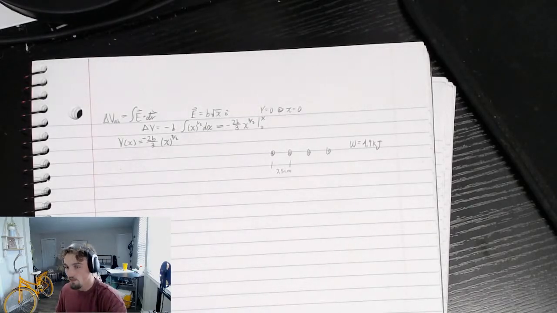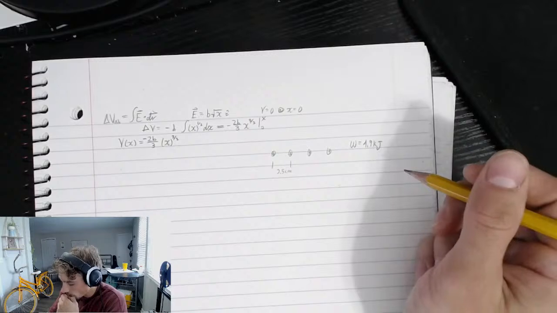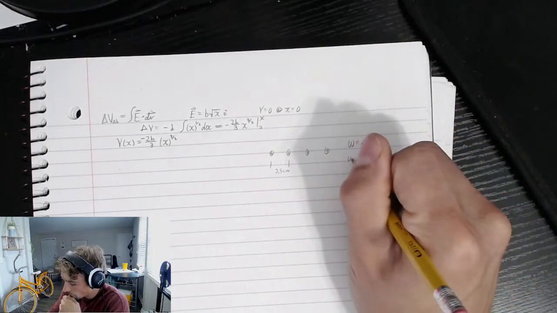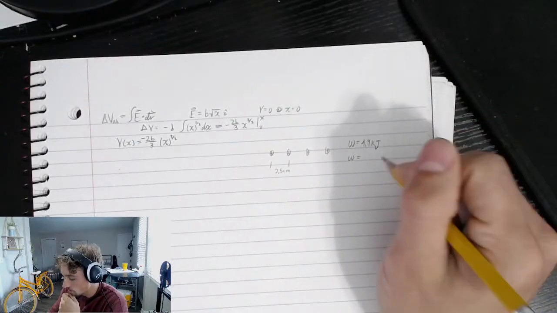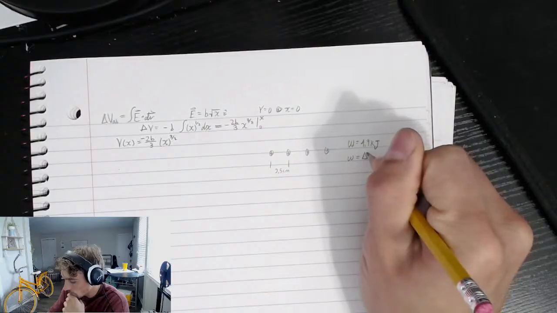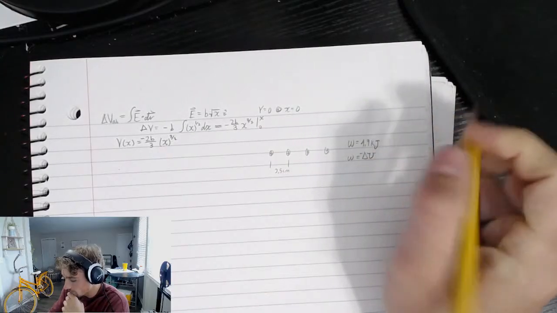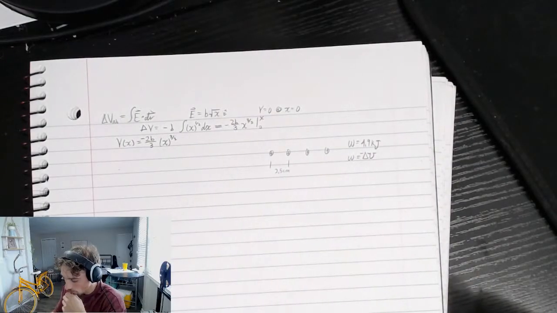You become more familiar with these things the more practice you do. Practice makes perfect. So this is our work. We know that work, considering that it's conservative, we're only working with conservative fields, equals the negative change of the potential.